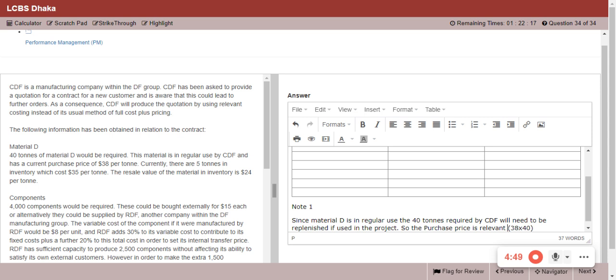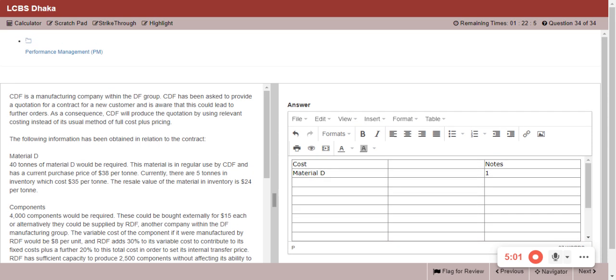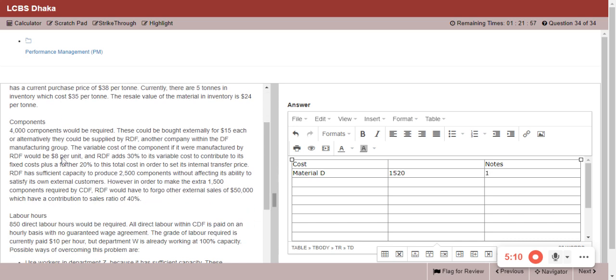So 38 into 40 is how much? Let's just calculate this. It's 1,520. This is how we're going to be attempting it. So there goes my material D.